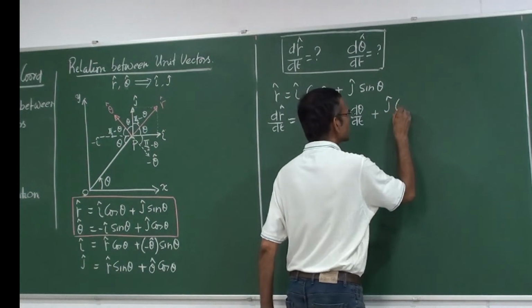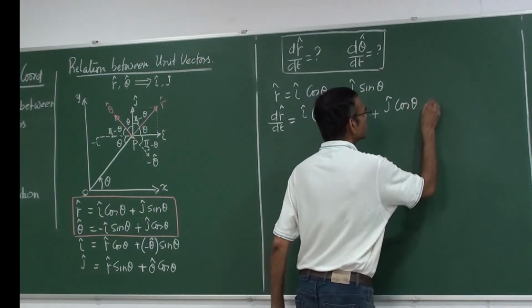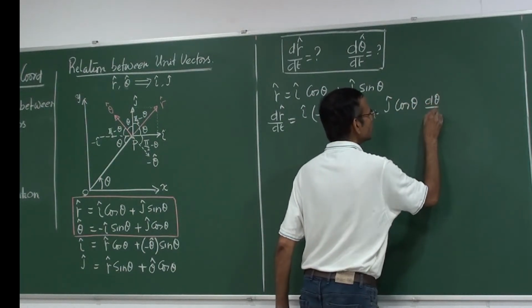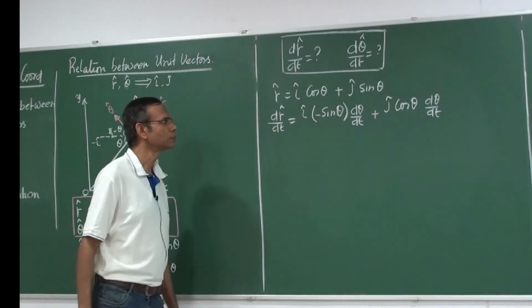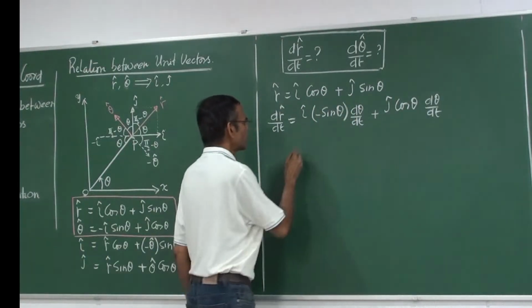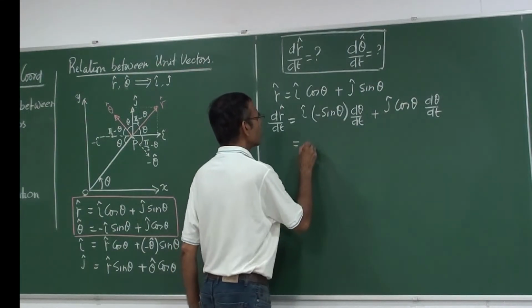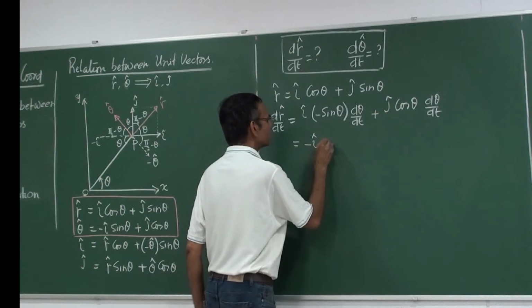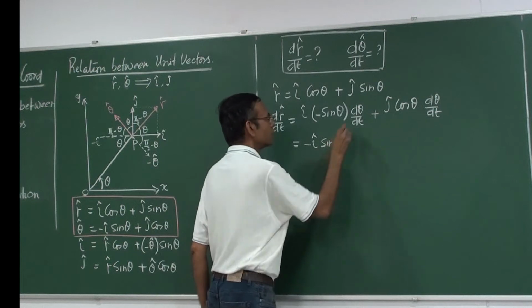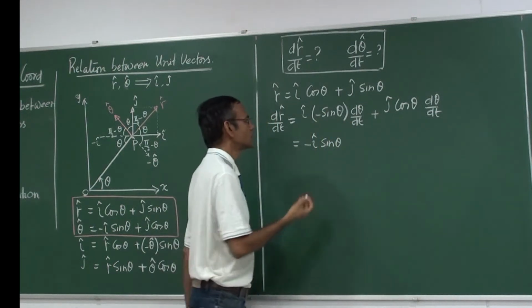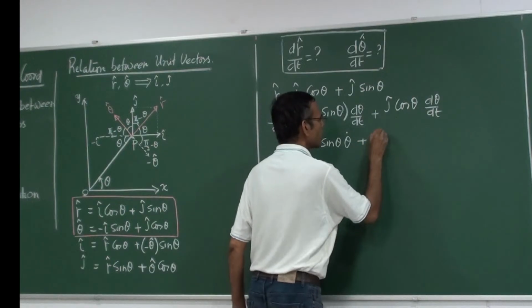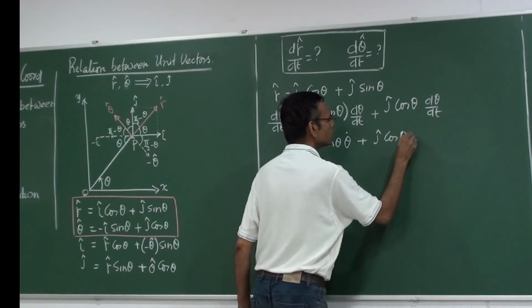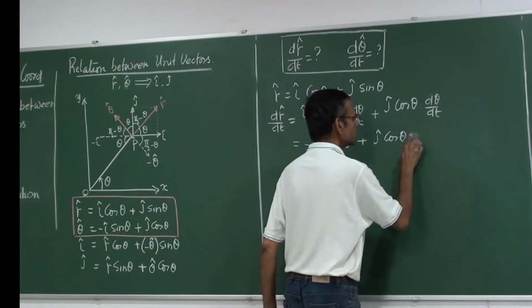So it is cos theta into d theta by dt. Okay. Now this is equal to minus I cap sin theta, d theta by dt is theta dot, plus J cap cos theta, d theta by dt is theta dot.